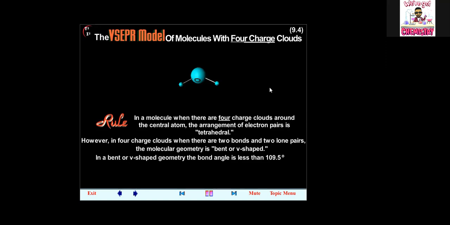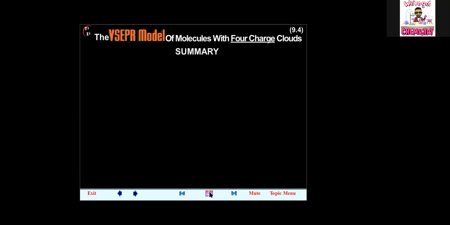In a bent or V-shaped geometry, the bond angle is less than 109.5 degrees. Other molecules having this geometry are OF2, SCl2, etc.